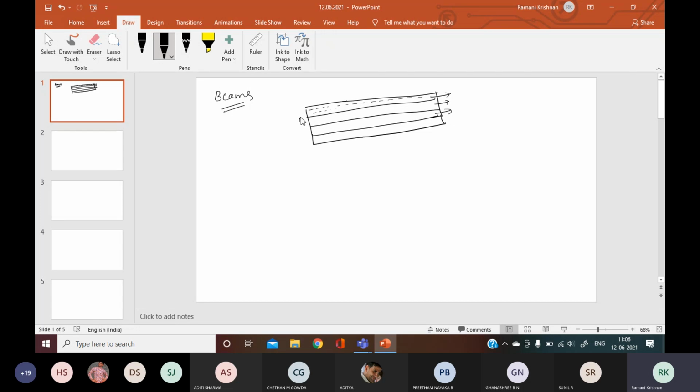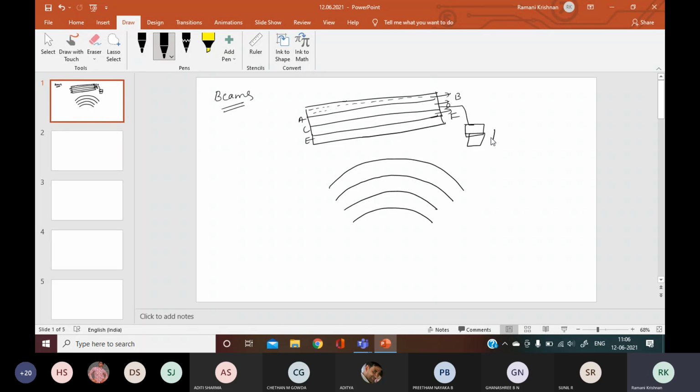So yesterday, this is AB, CD and EF. What happens if it is stressed? This layer is getting elongated like this, because when we add weight mg from this end, this is what is happening.